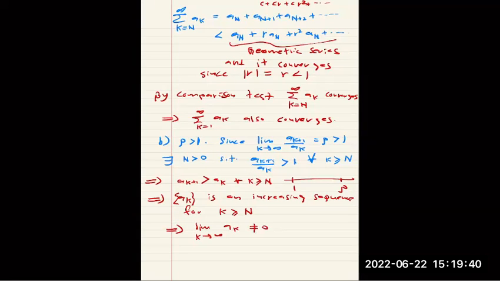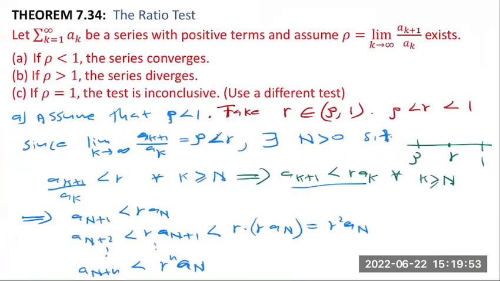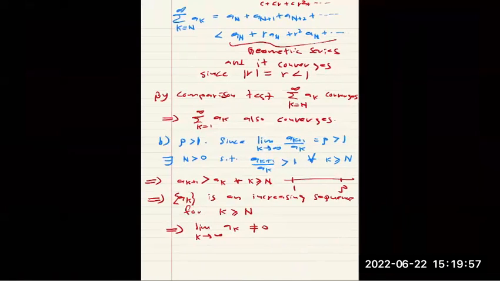Would you agree with me? If this is an increasing sequence for all k greater than or equal to n, and we also know that a_n is bigger than 0 because all the terms of our series are positive terms. So uppercase N is positive, and that is the smallest term in this sequence, right?